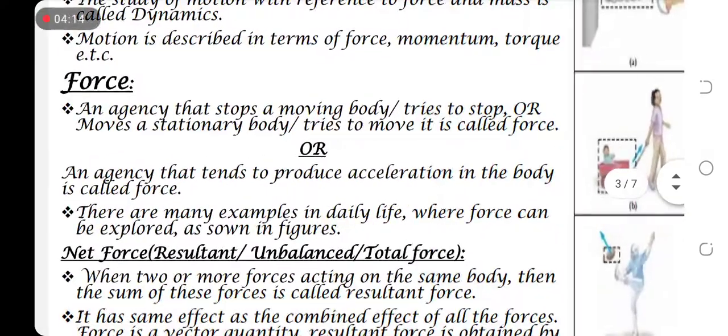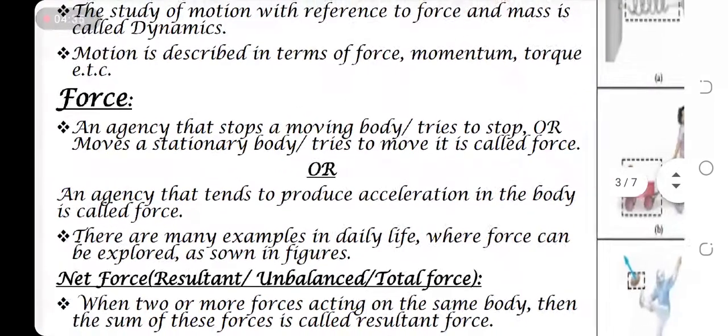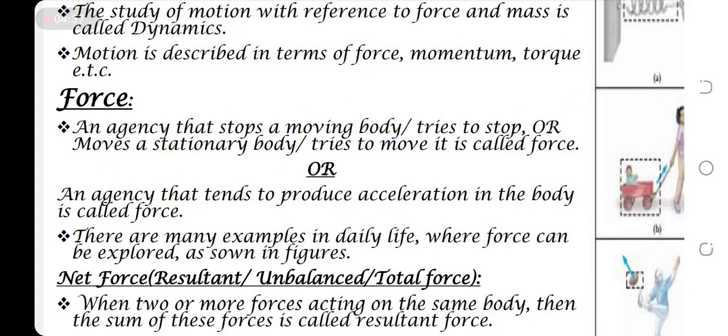Similarly, if somebody is standing, stationary, at rest, we can apply a force. In some cases, we are able to move the body. For a table, if we apply a force, we will be able to move it. And in some cases, it is impossible to move it.